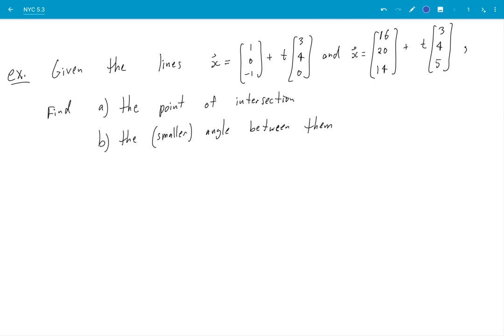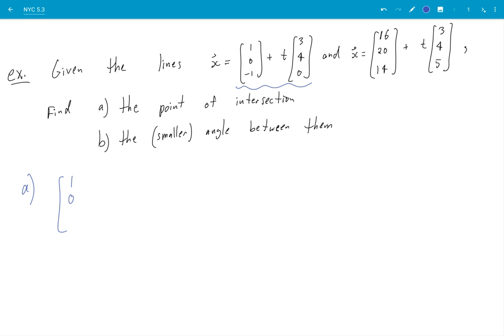Point of intersection. Sorry, pause and copy if you haven't done so already. So what I'm going to do here is just equate. If I want a vector that's on both of these lines, well then this vector here should be set equal to this vector here.